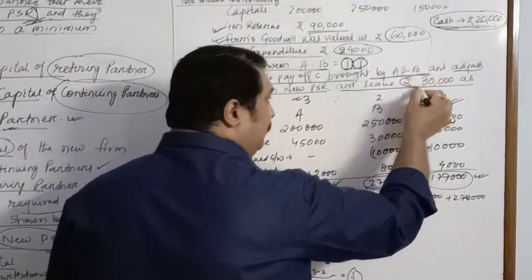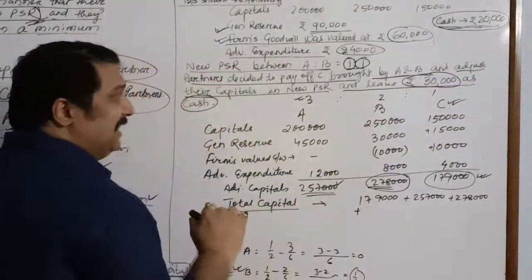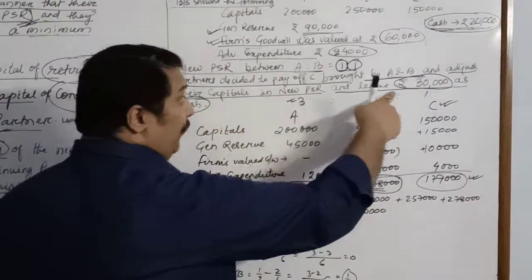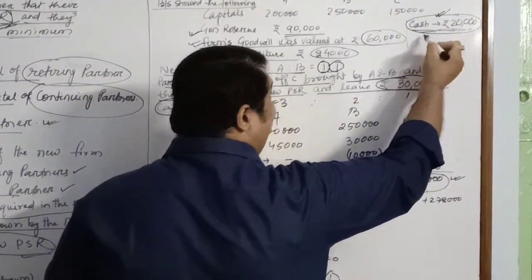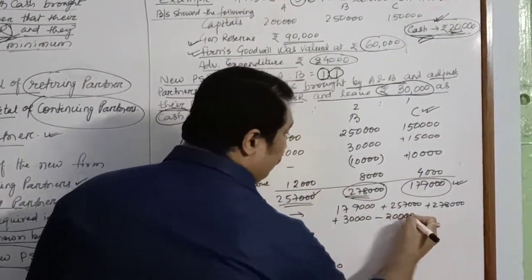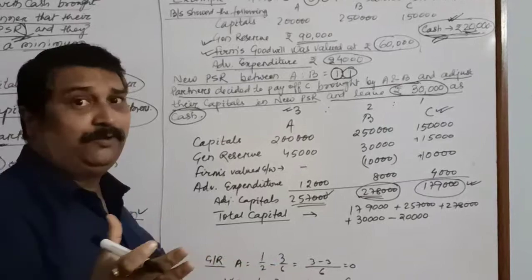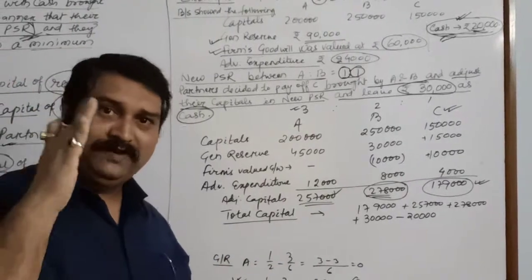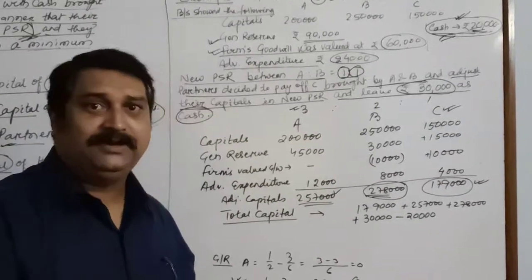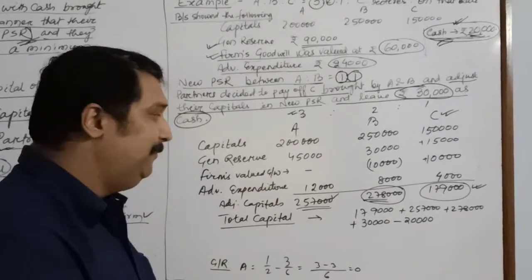So how much does the firm want to maintain as a cash balance? It wants to maintain a cash balance of 30,000, whereas the firm already had the cash of rupees 20,000 that you will subtract. That means the cash which was shown by your balance sheet you will subtract, and the cash which is given as the adjustment which they want to maintain will be added.